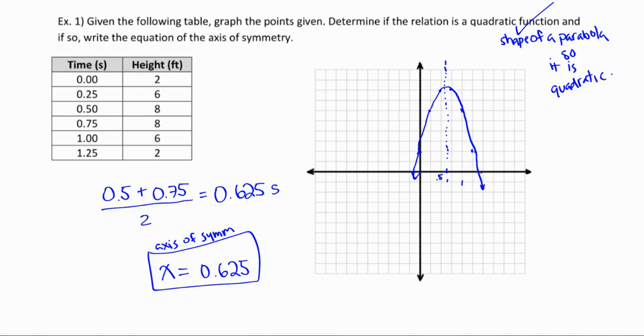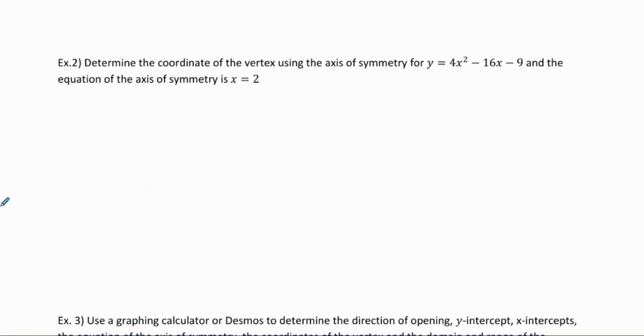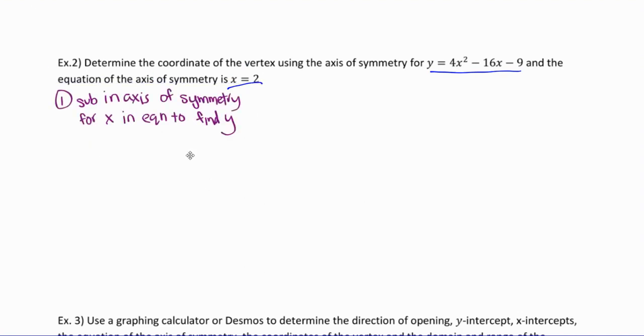Example number 2, we're going to determine the coordinates of the vertex using the axis of symmetry for this line and the equation of the axis of symmetry, which is x equals 2. How we do this is, first off, we sub in our axis of symmetry for x into our equation to find out what y equals.